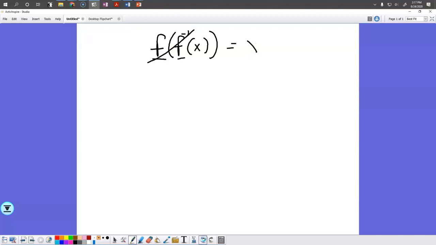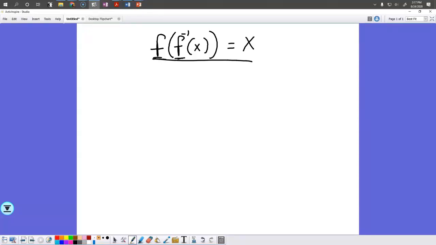So when you plug an inverse function into the original function, you're just left with x. Now, I want to show you guys something kind of interesting. So I had trouble remembering the formula, but I knew this because it just made sense to me. I knew that these are opposites, so they cancel, so you just get x. And that's all I ever took the time to memorize. But you can actually figure out the formula for the derivative of the inverse using this.